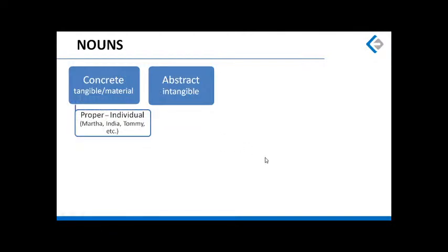Concrete nouns, you can have proper nouns, names of things. So you have mangoes. Mango is a concrete noun. It's a common noun. But when you call a mango Alfonso, you give it a particular name, it becomes a proper noun. So given names to things, given names to people, to places, to animals, all of these are proper nouns.